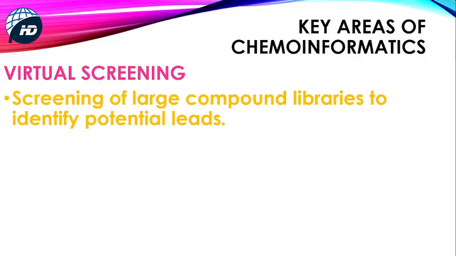So at the end, I can obtain the lead. Although we move from library to hit, from hit to lead, these are terms in docking. So I can get one compound out of these 1 million compounds that is best and effective for my hypertension. We can do that using chemoinformatics to do virtual screening.